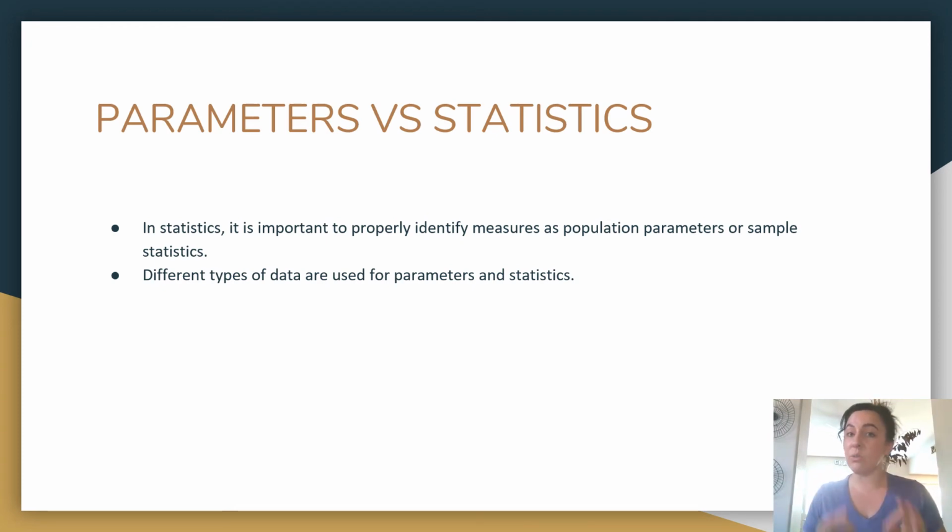You cannot use it for population parameters. It can only be used on sample statistics because that's really the only thing that can actually provide you a mystery, if you want to look at it that way. So it's not as clearly defined there. However, in a population parameter, of course, it would be clearly defined.